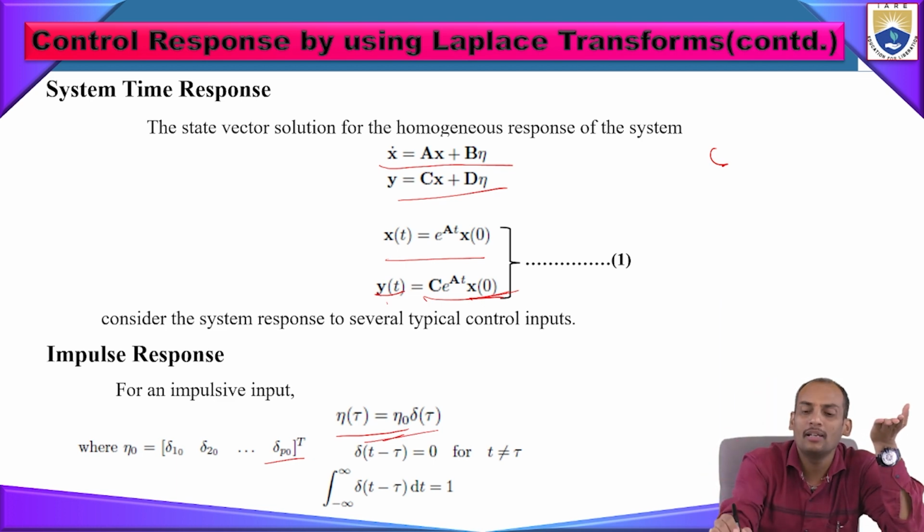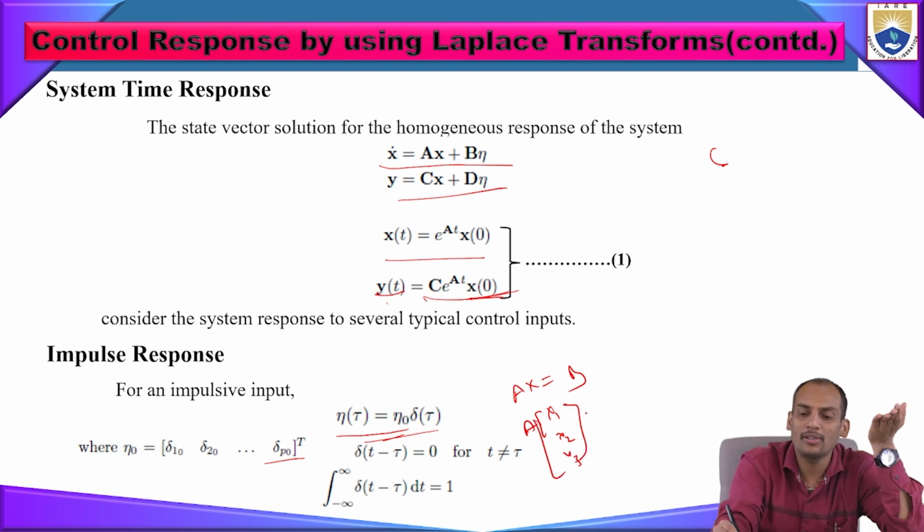So generally this will be Ax equal to b, where the variables x1, x2, x3 we can write as a column matrix. If you write the transpose of this, it will be this matrix.